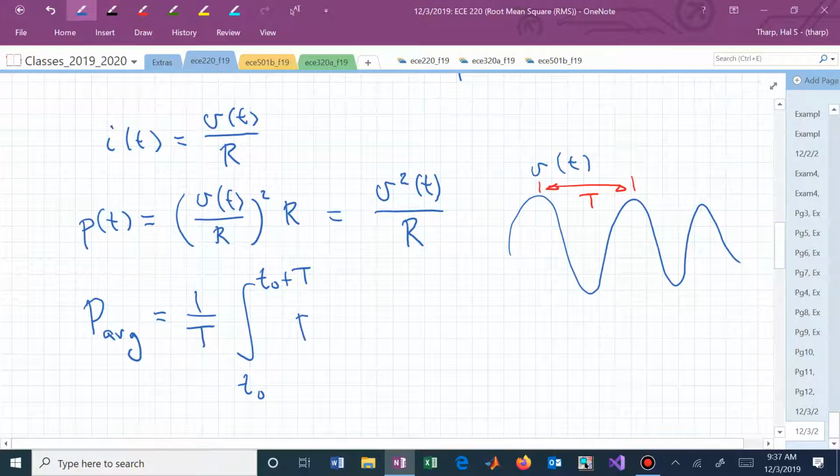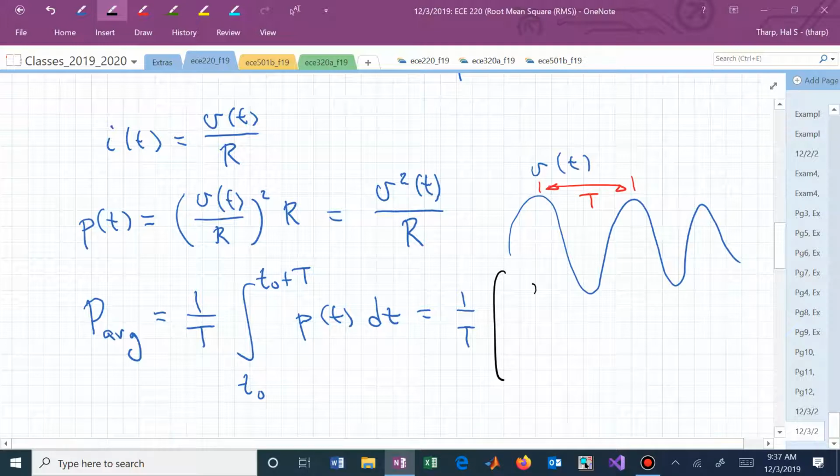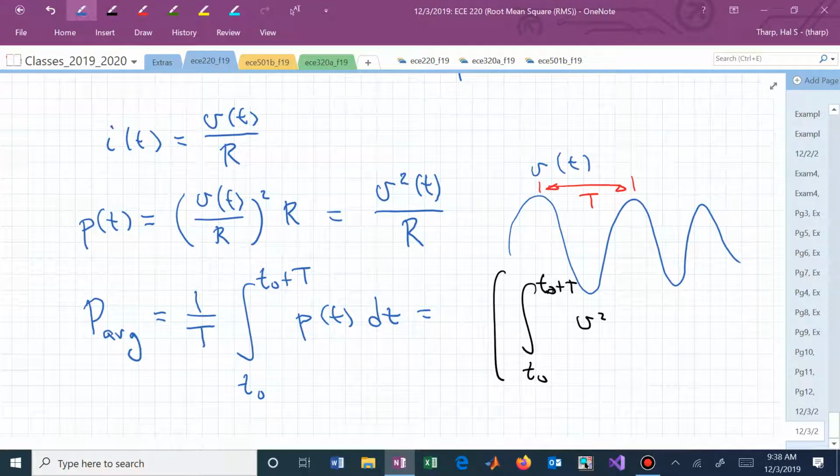And we can say, okay, that's P of t dt. Or that's now 1 over T times this integral from t0 to t0 plus T of v squared. Well, maybe let me pull out the R. I have 1 over R. Let me keep the 1 over T here.